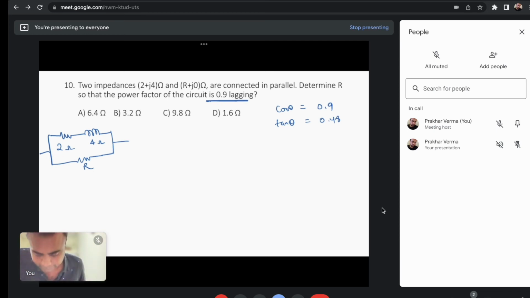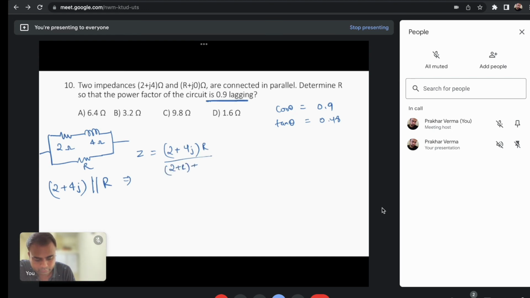Now let's come to the circuit. For this circuit we can write 2 plus 4j is in parallel with resistance R. So the equivalent impedance Z becomes multiplication by sum, so 2 plus 4j into R divided by 2 plus R plus 4j.